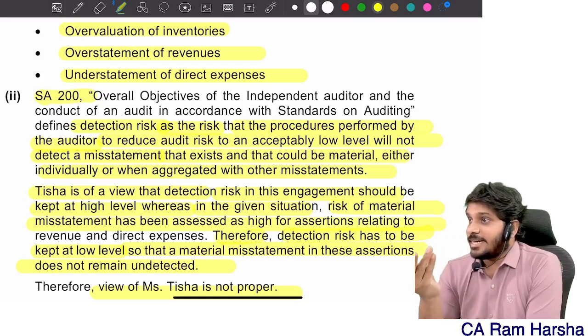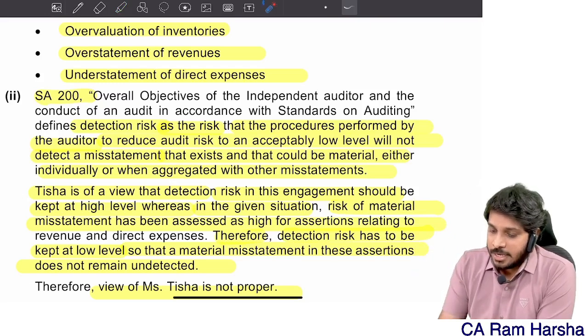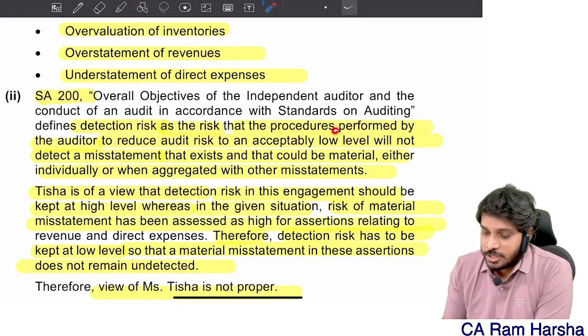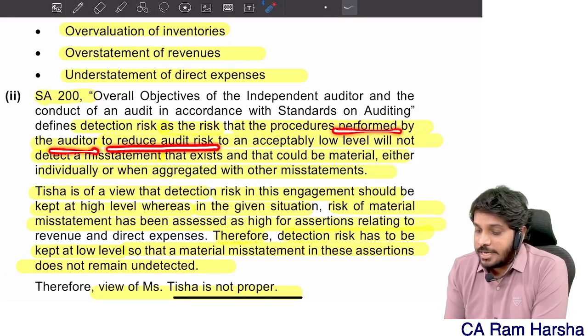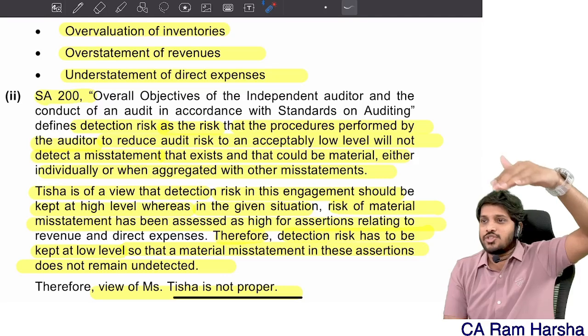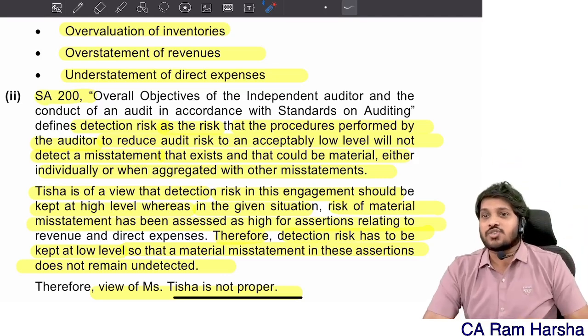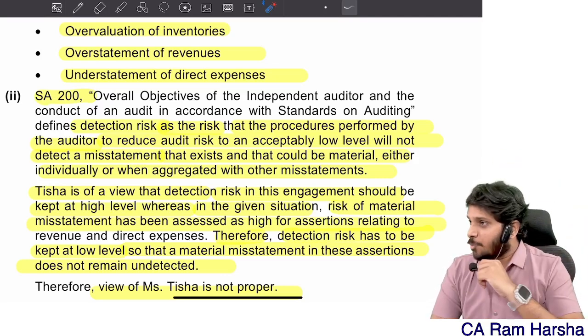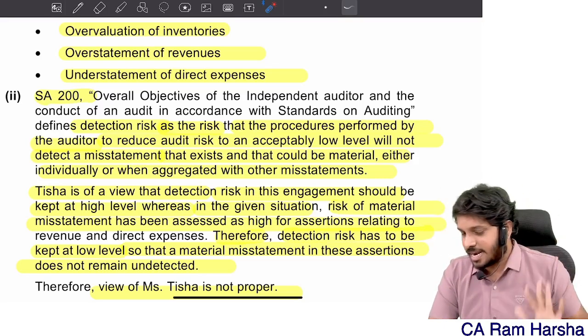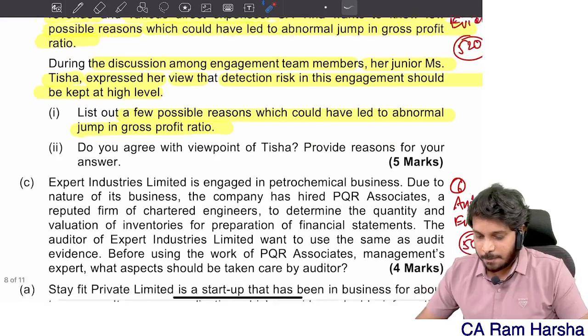Obviously, why are we doing audit procedures? Ultimately, to reduce audit risk. What is audit risk? Risk of expressing an inappropriate opinion when the financial statements are materially misstated. Very good. Next.